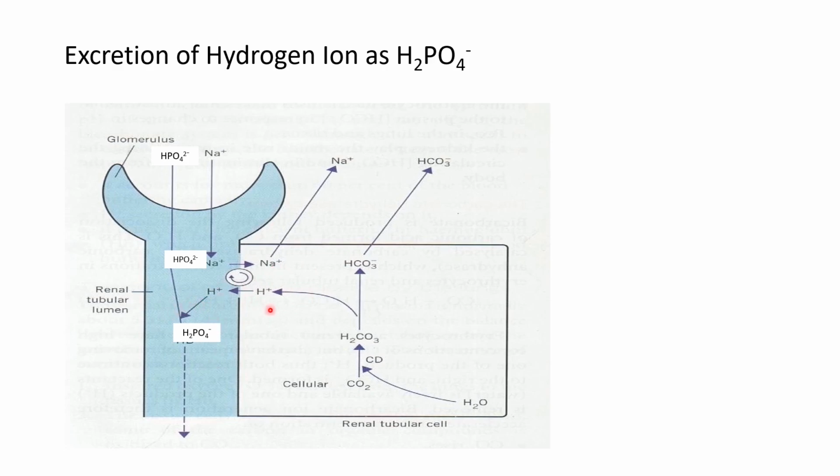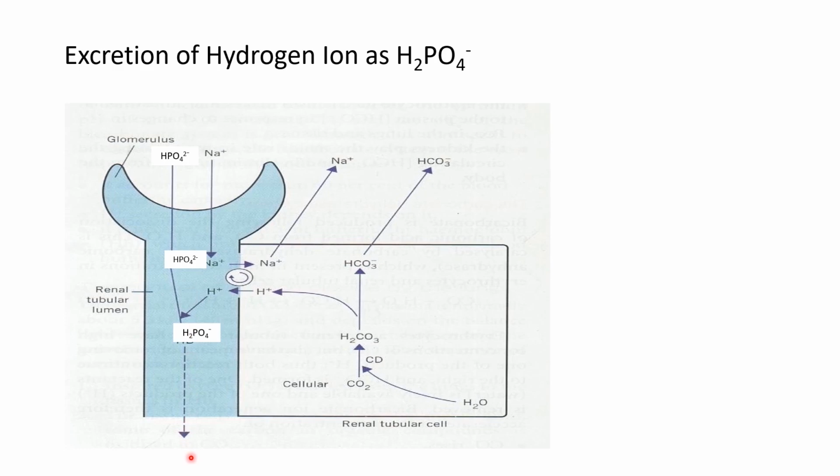So generally, one of the roles of the kidney in ensuring that the acid-base balance is maintained is that it provides a medium by which excess hydrogen ion in the body due to acidosis is excreted and pushed out of the body into the urine.